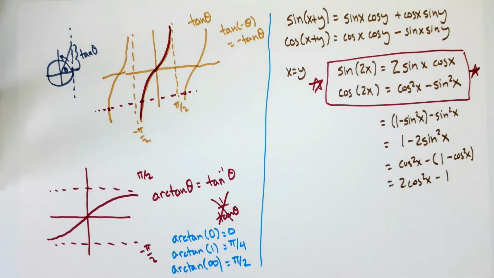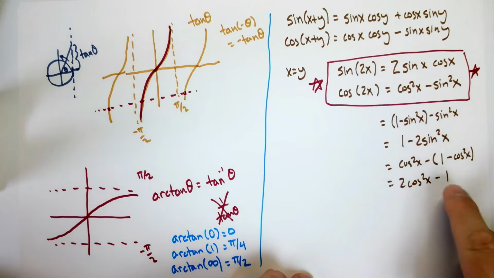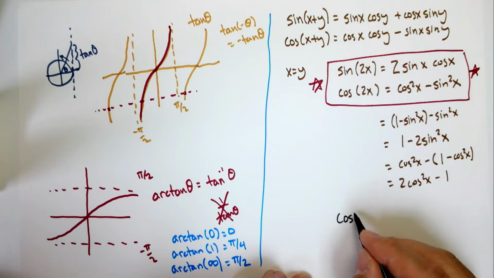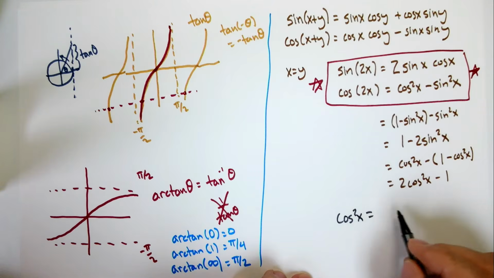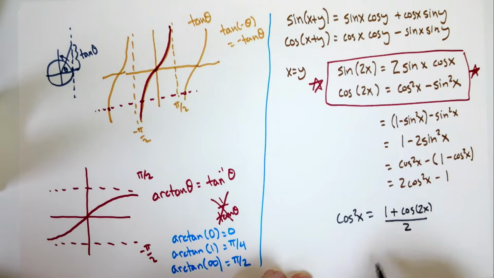Well, why is that useful? Well, one of the things you can now do is rewrite. So suppose, for instance, I solve for cosine squared x. Well, I could add 1, divide by 2, and I can conclude that cosine squared x is equal to 1 plus cosine 2x over 2.